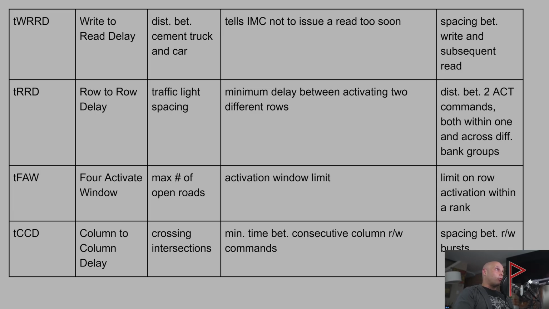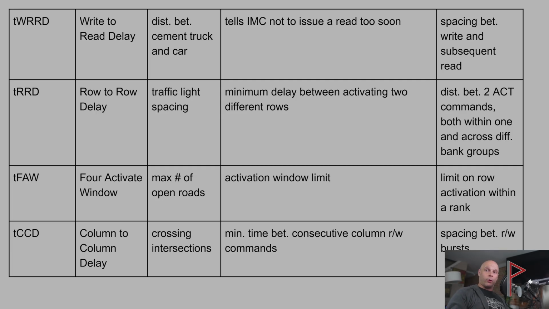tRRD, row to row delay. So we call this how long the traffic light is. Basically, this is the minimum delay between activating two different rows. And those two different rows can be both within one bank group and across different bank groups. So that's that minimum delay, tRRD. tFAW, the four activate window, four streets open at a time.